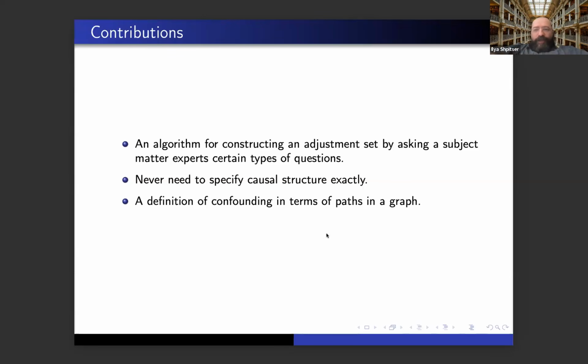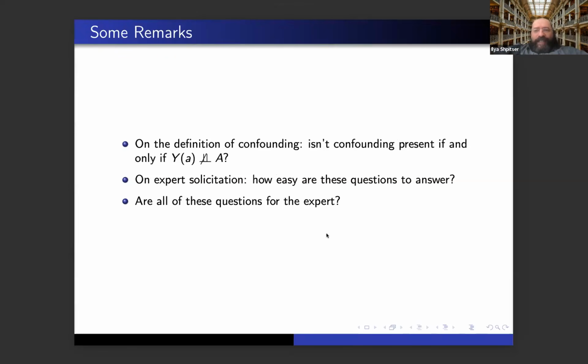So first I have a minor question about this. A naive question about defining confounding is, why isn't failure of ignorability the definition of confounding? It's not graphical, not in terms of paths. But the thought here is, if ignorability holds, you don't have confounding.